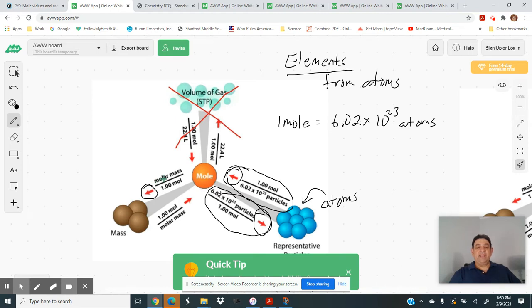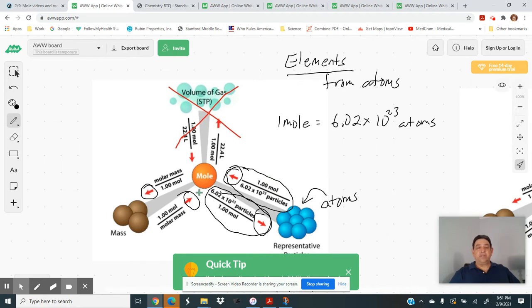A mole of one element is different than a mole of another element, so the molar mass in grams goes on top, divided by 1 mole. When you're turning grams to moles, you divide by the molar mass. Notice that the molar mass here is in the denominator. This is how we're going to use it.